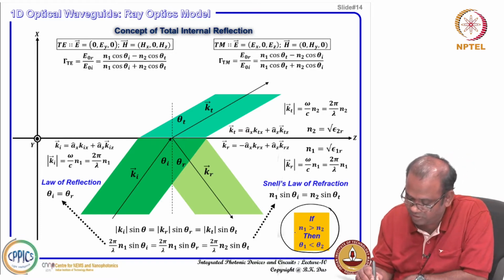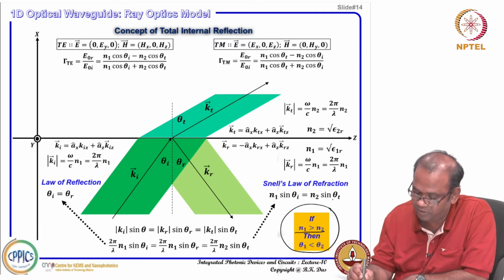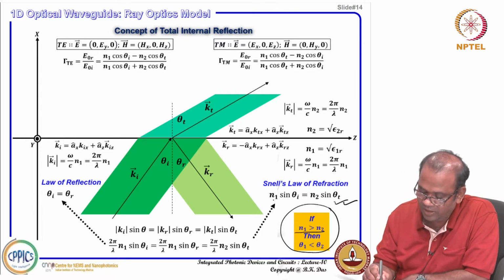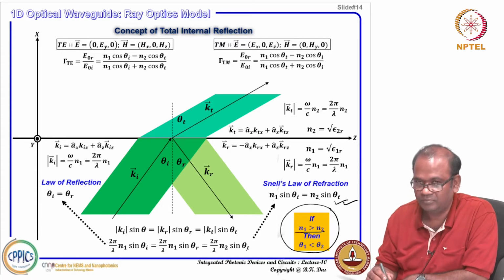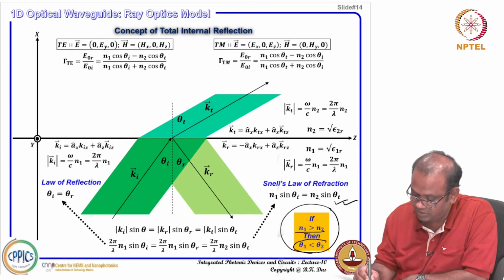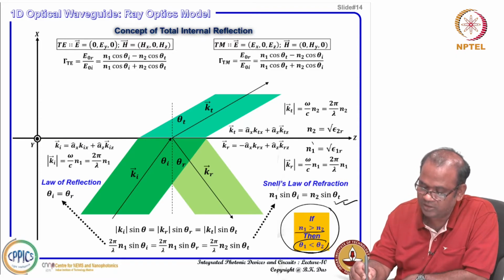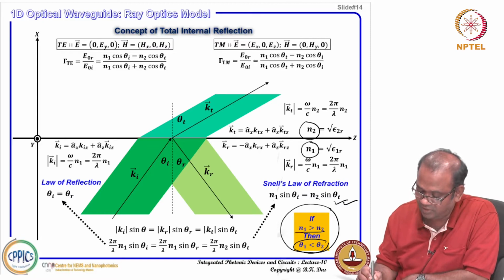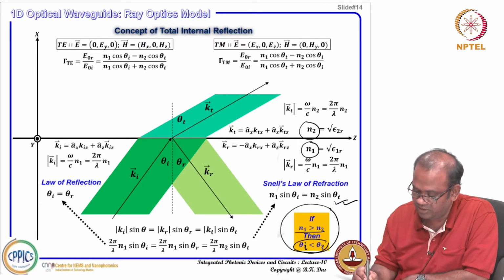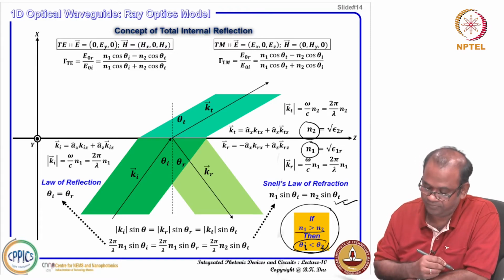For example, if you consider n1 greater than n2, following this equation, theta I should be less than theta t. We forcefully consider this n1 is greater than n2. So in that case theta I must be less than theta t.